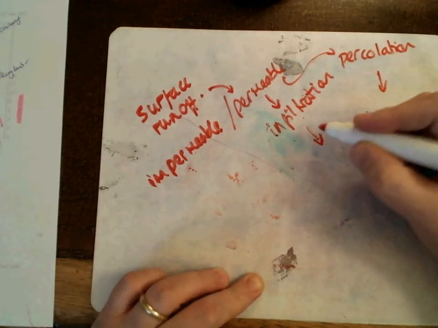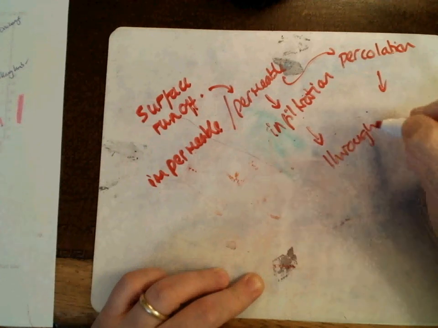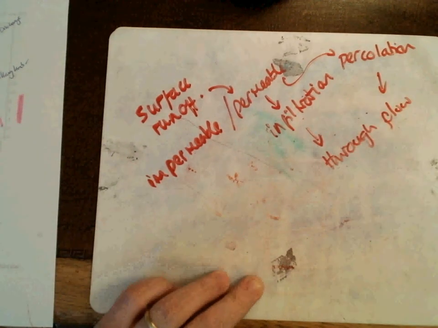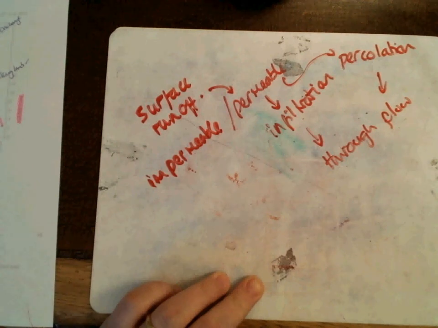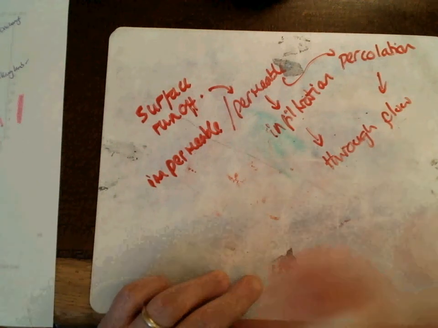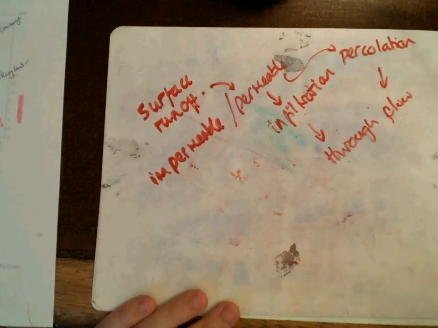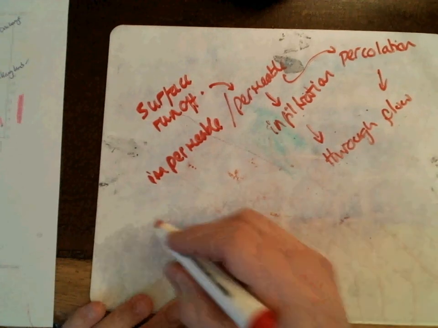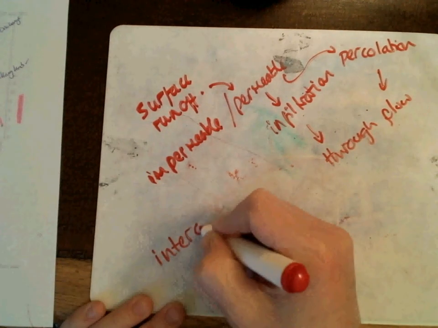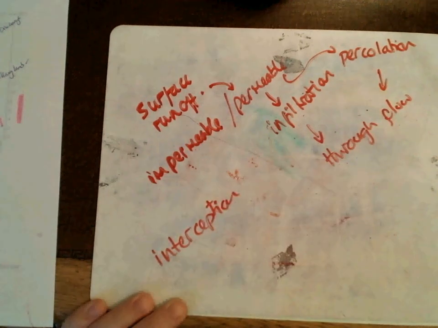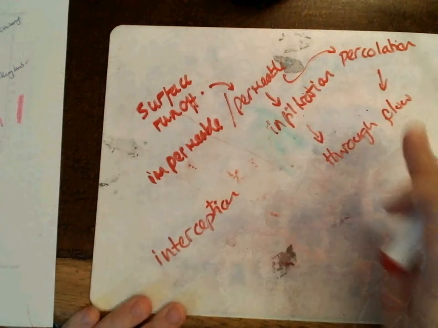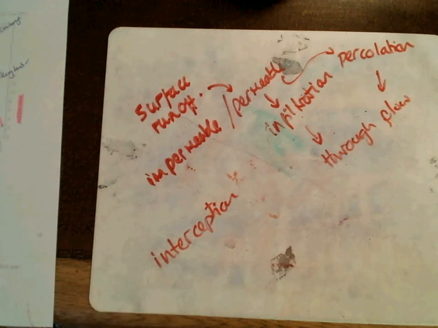These processes will both lead to increased amounts of through flow, and that is the underground movement of water reaching a river. Some other things to consider are words like interception, which is when vegetation captures water before it hits the ground and slows it down. By using these terms in combination, you'll make your answer far more powerful and you'll score marks much more easily.